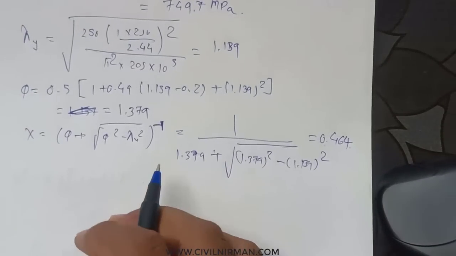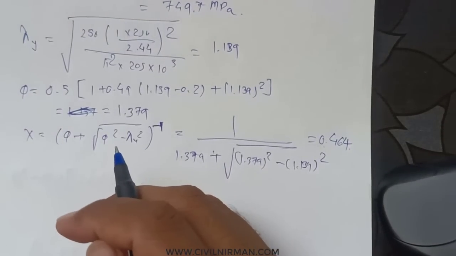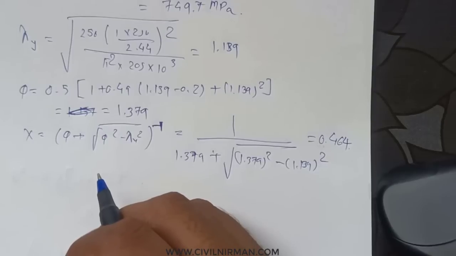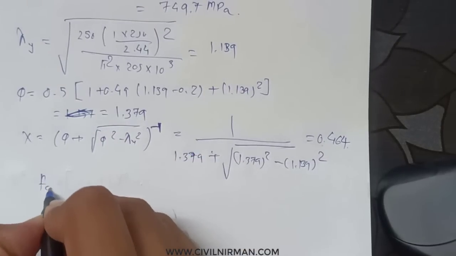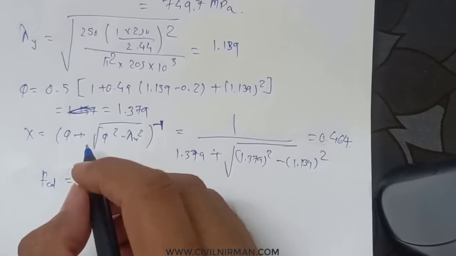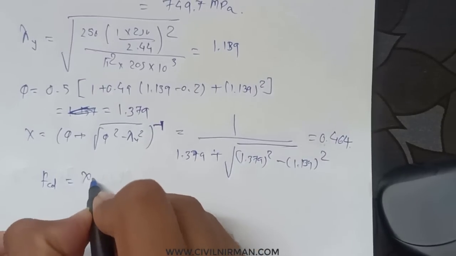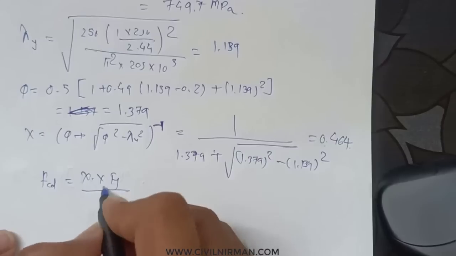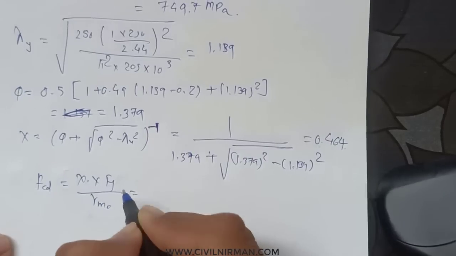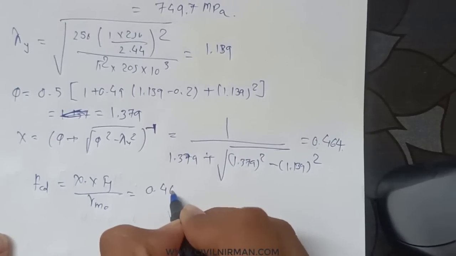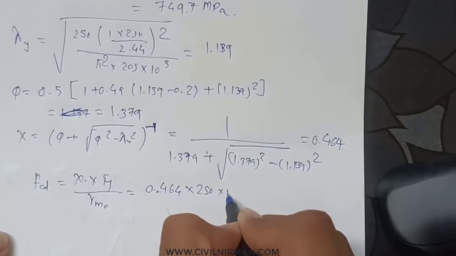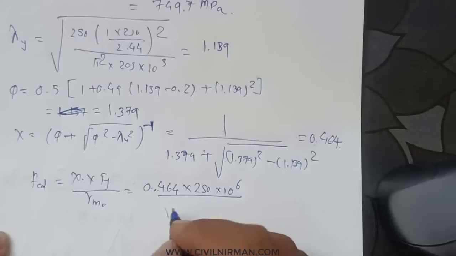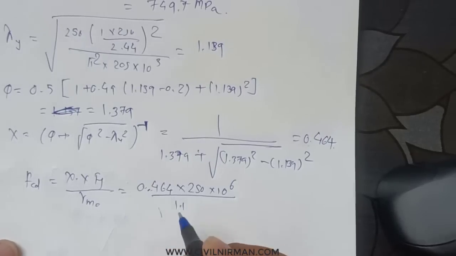Okay, and now for that particular fcd value for the minor axis, will be chi into fy divided by gamma m0. So 0.464 into 250, that is your yield strength, divided by gamma m0 1.1, that is the factor.